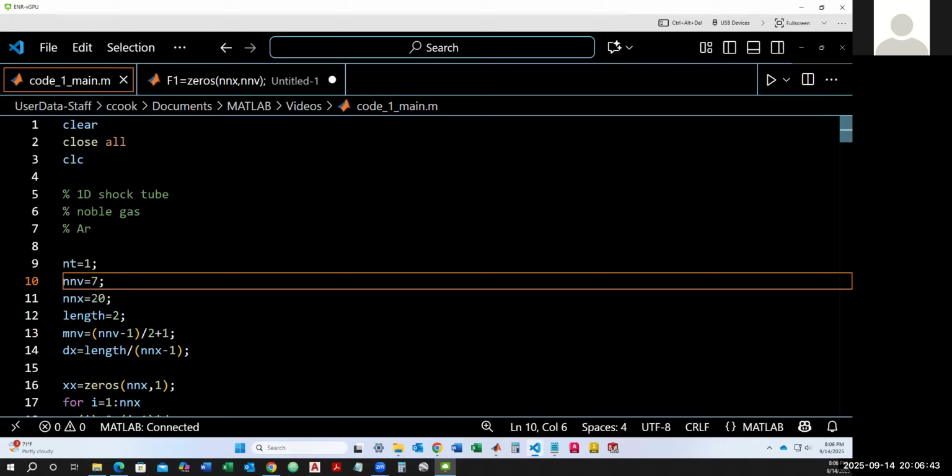If we're going to use 3 standard deviations, then the minimum number of velocity nodes is 7. I've had more luck when I use 4 standard deviations. Really, the more velocities, the better. It means our code is going to take longer to run, but the more velocities you use, the better results we're going to get.